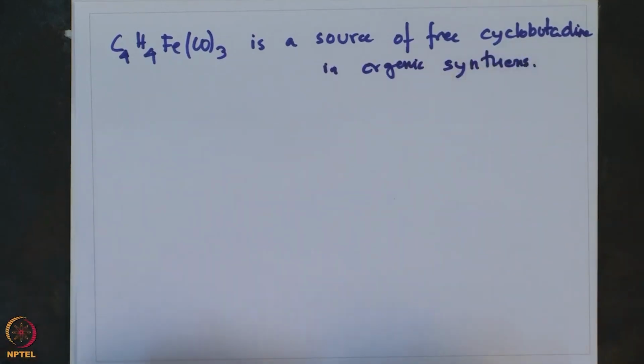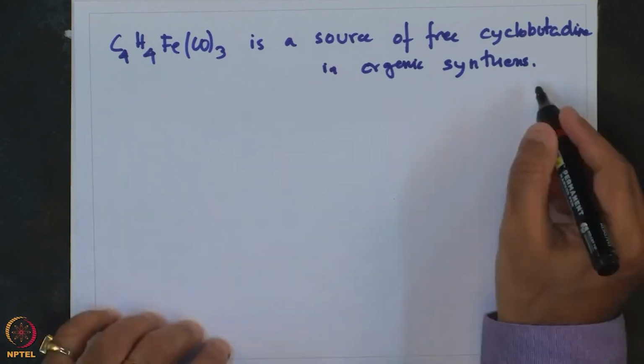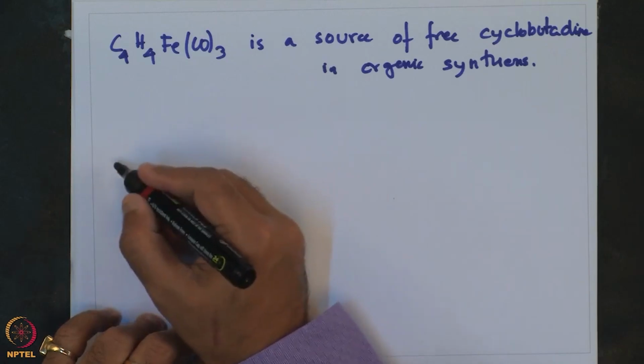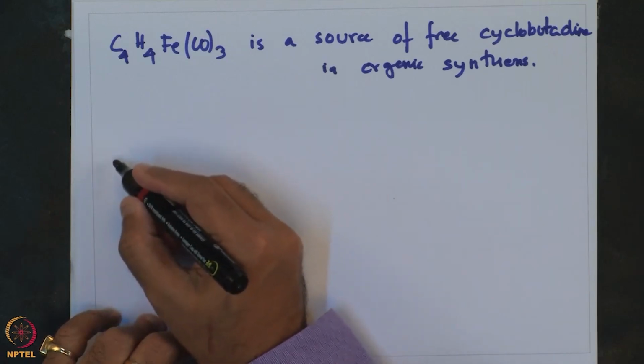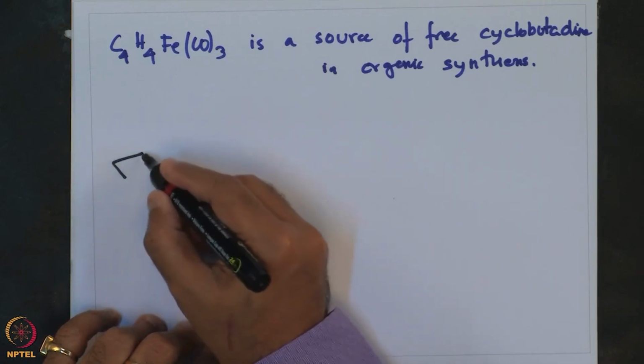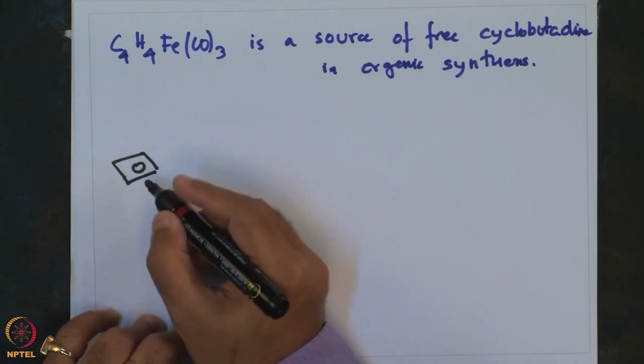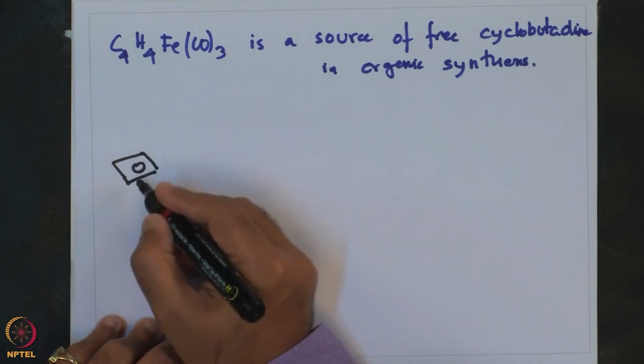So, I will explain with an extremely intriguing set of reactions, which will show that they can be effectively used for synthesizing many different kinds of organic compounds, where cyclobutadiene Fe(CO)3 is a source for free cyclobutadiene.